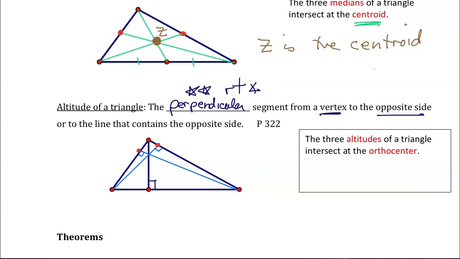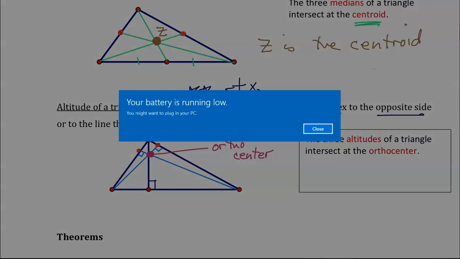Those are going to intersect. They intersect right here. That is the orthocenter. Ortho means right angle. So that's how it's the orthocenter.